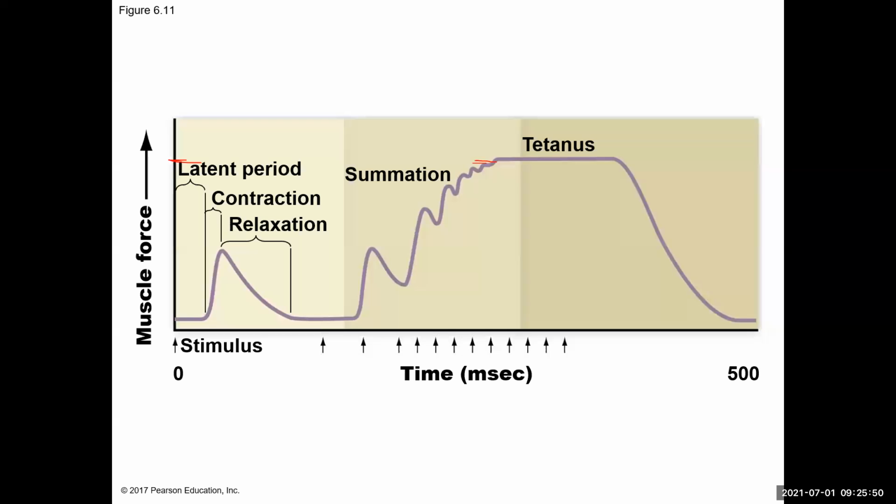Now, if the muscle is contracting fast enough to where it's under a constant state of contraction, that's referred to as tetanus. Okay? And that can be painful. It can make you feel weak because you're just using a lot of energy as that tetanus state happens.